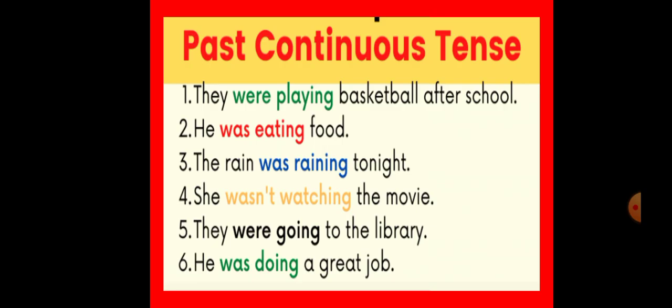Right? Yes. He was eating food. Was eating. The rain was raining tonight. She was not watching the movie. She wasn't watching the movie. They were going to the library. He was doing a great job.